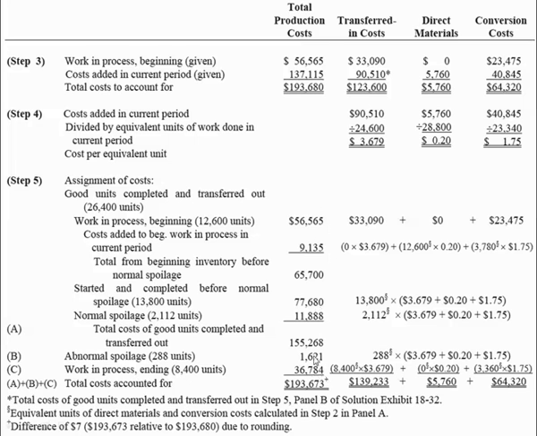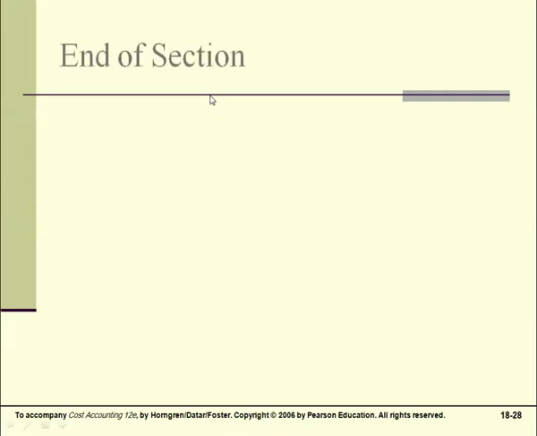Summation of all costs will equal 193,673, which must equal 193,680 total costs to account for. And by that we reach the end of our section today.